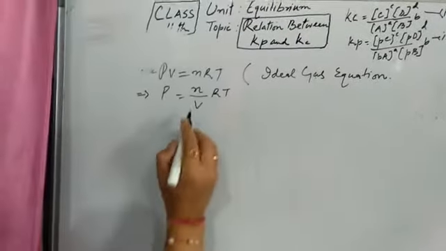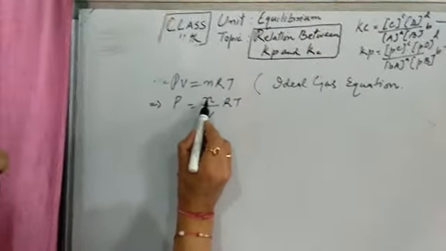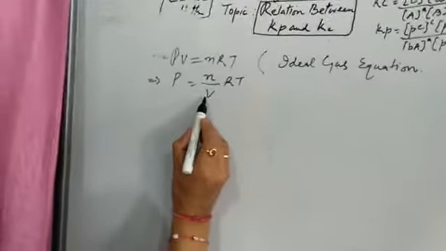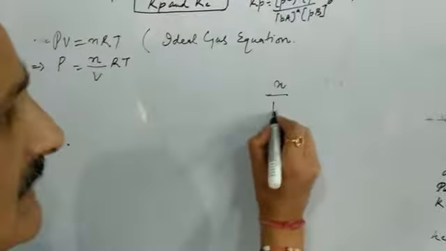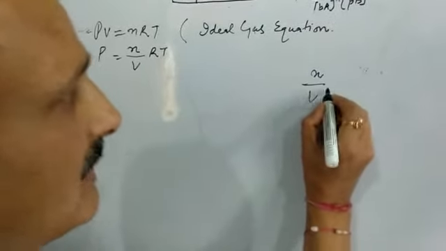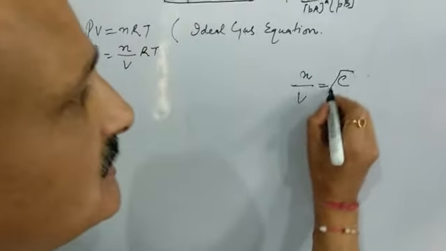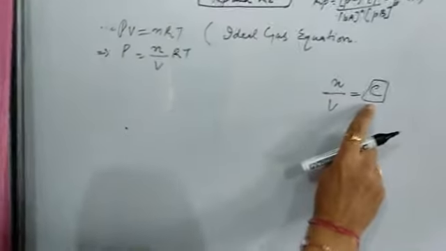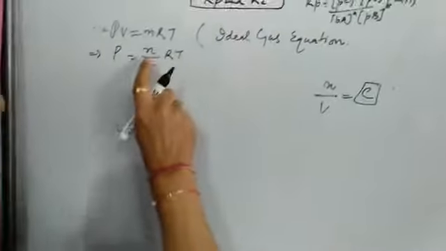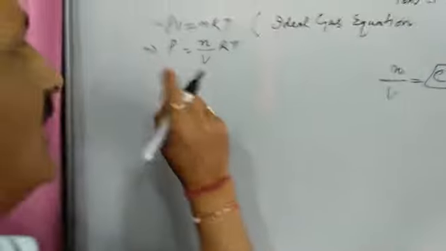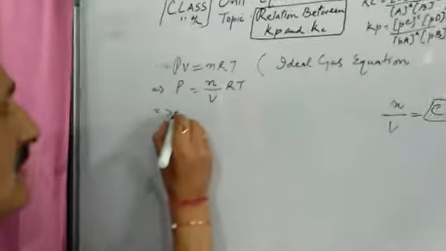Now we know what n is. n is number of moles and V is volume. And n by V, that is number of moles divided by volume, gives concentration. So what is concentration equal to? It is number of moles upon volume. So we can place C in place of n by V. So we will get P equal to CRT.